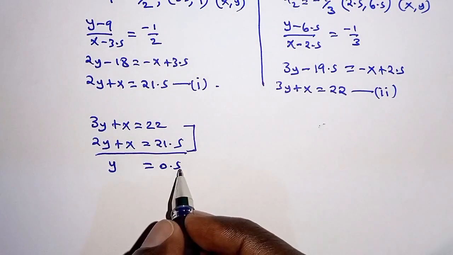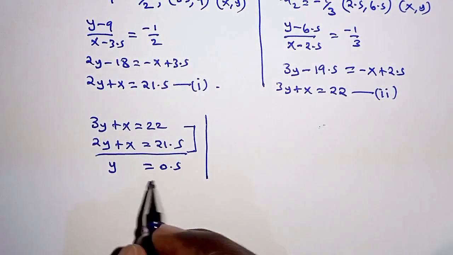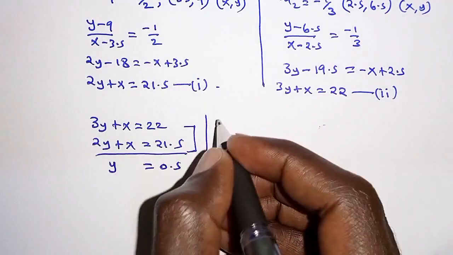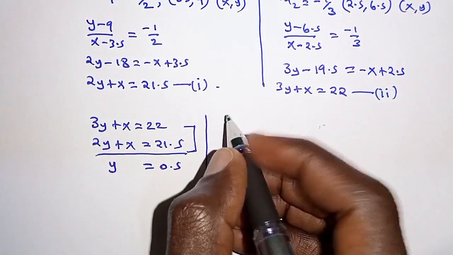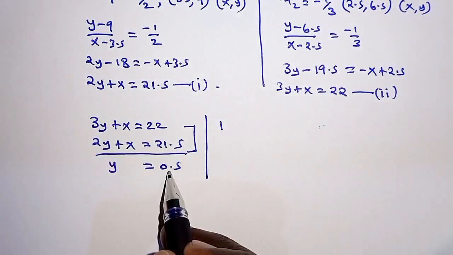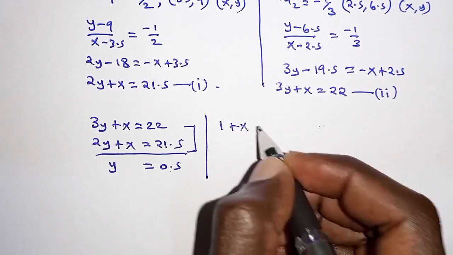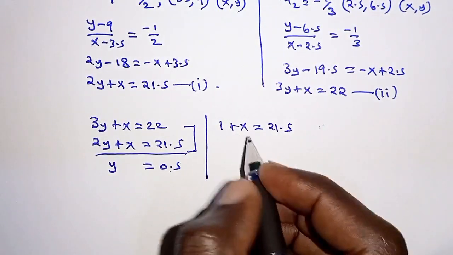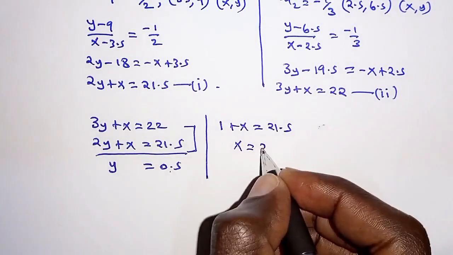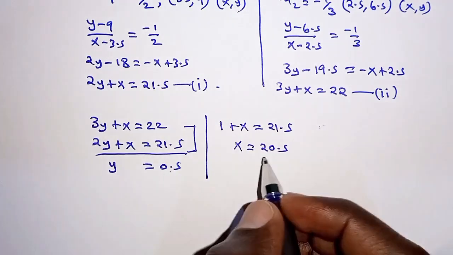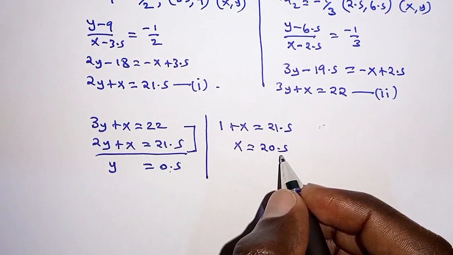So y is 0.5. And if y is 0.5, we'll use any of these two equations. For example, if we have 2y, which is now 1, that is 2 times 0.5, plus x equals 21.5. That means x is equal to 20.5. That is 1 goes to the other side, we subtract, and x is 20.5.